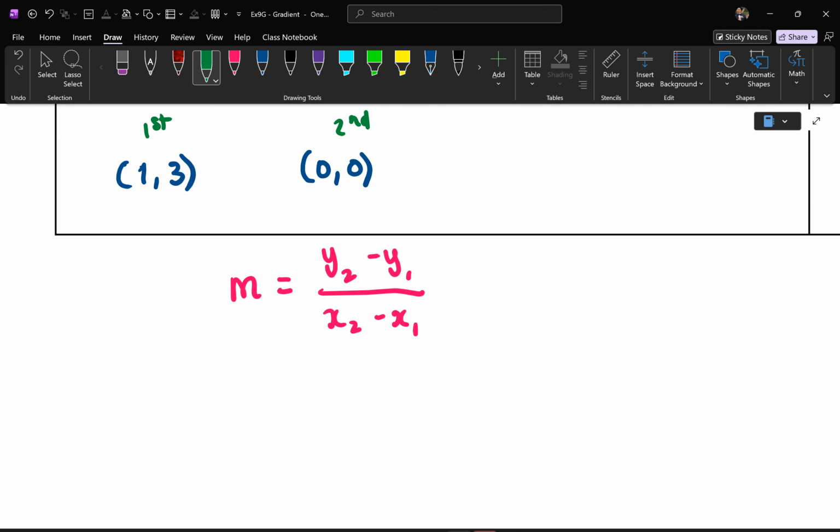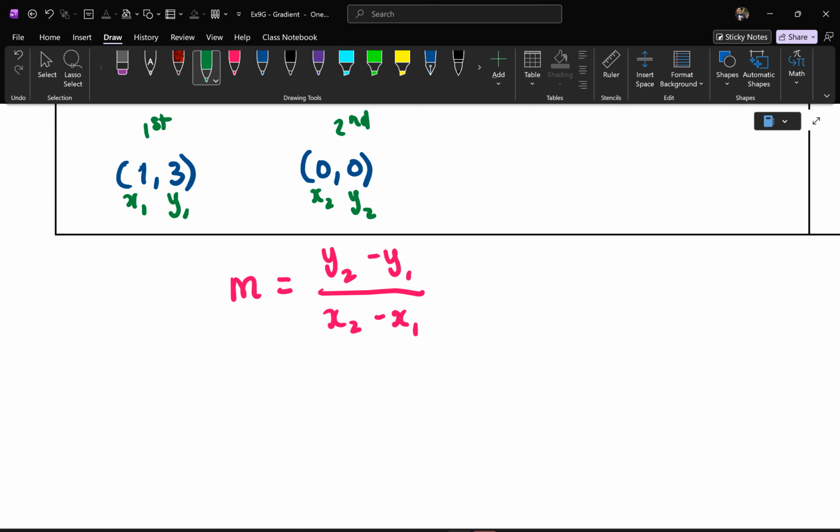So that's why we say x1, y1, because it's the x coordinate of the first point, y coordinate of the first point. This one is a second coordinate, so therefore, this is x2, y2. But it doesn't matter the labeling. You could have flipped it around and the answer is going to be the same. It actually doesn't matter which one you call first and second. You make it up.